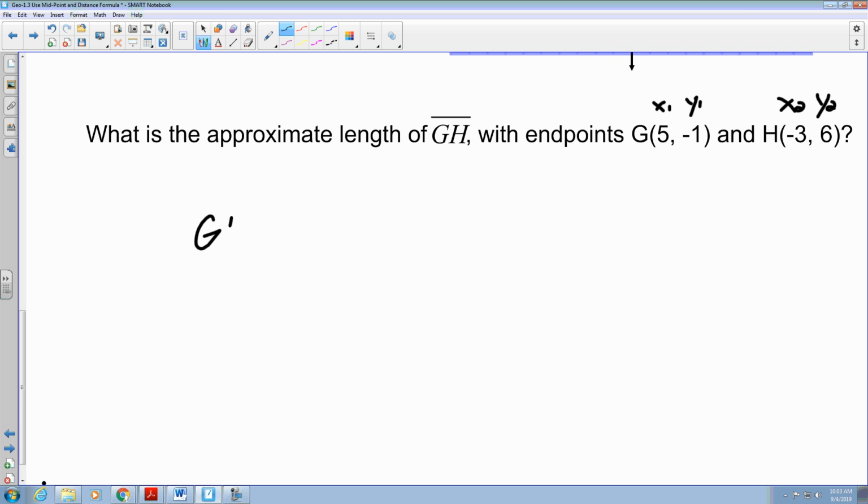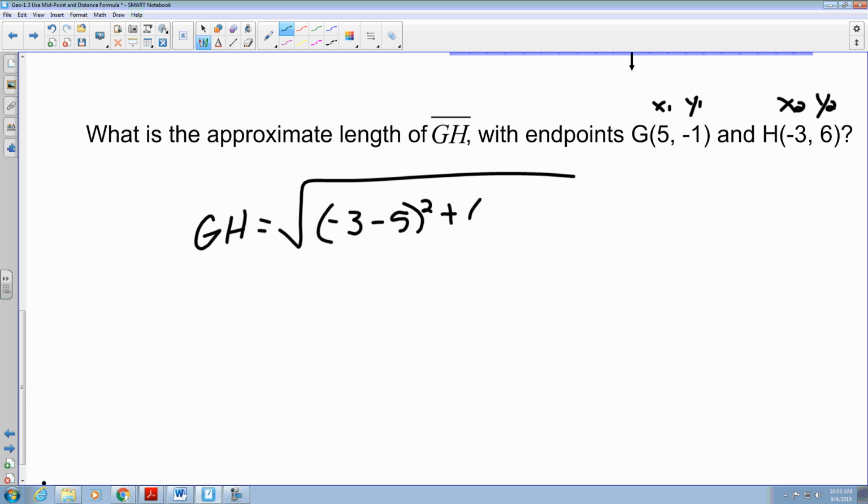So GH is going to equal negative 3 minus 5, squared, plus 6 minus a negative 1, squared. Looking at the first set of parentheses, negative 3 minus 5 is negative 8. Squaring that, I get 64.